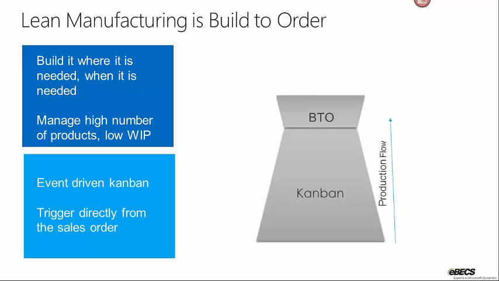You can create a sales order line, and immediately when you save that sales order line, if that product's set up as an event Kanban, it will plan the entire supply chain for you. It will move material in your warehouse, or create triggers to move material in your warehouse, and it will create a Kanban automatically so that your production team can get it produced for that customer.